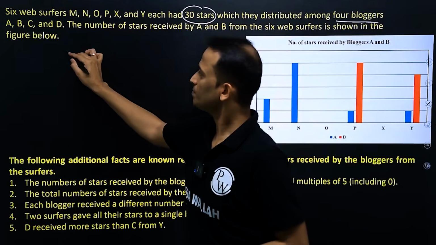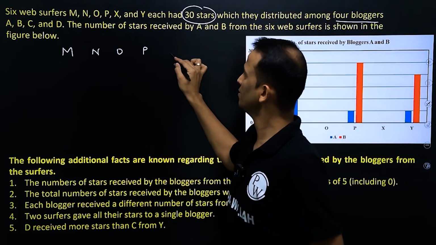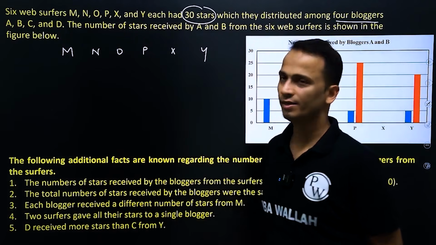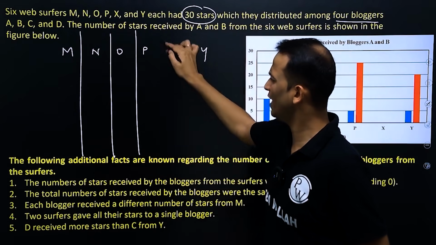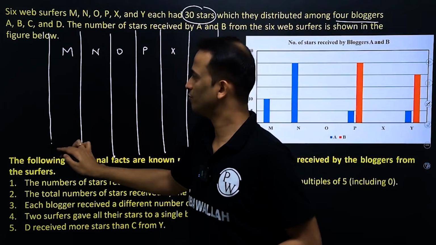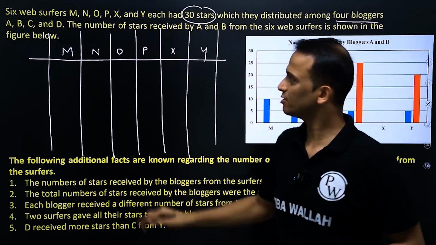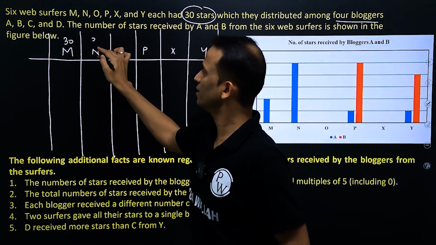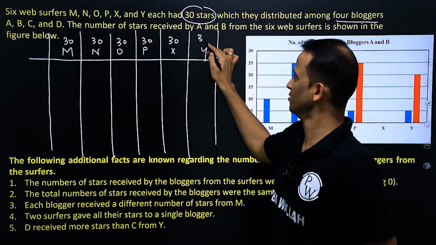Okay. So M, N, O, P, X and Y. Right? So I will have 6 columns. You may have 6 rows as well. Right? So these are web surfers. Now each of them has 30 stars. So 30, 30. No need to write. I'm just writing it for your understanding.